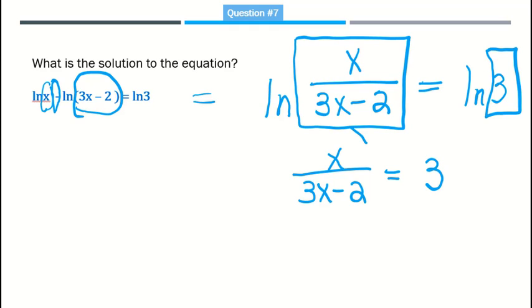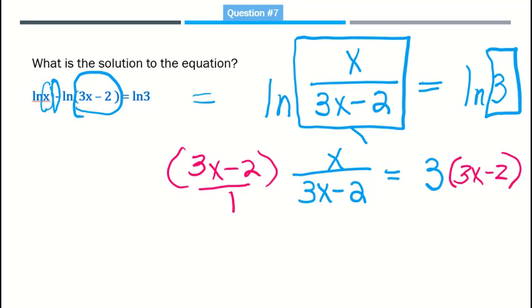So let me change the color of my pen, and then we'll start working. Alright, I'm going to multiply both sides by 3x minus 2. We'll put that over 1 to make it easier to see. So you'll see here the 3x minus 2 cancel, so we don't have that denominator to deal with any longer.